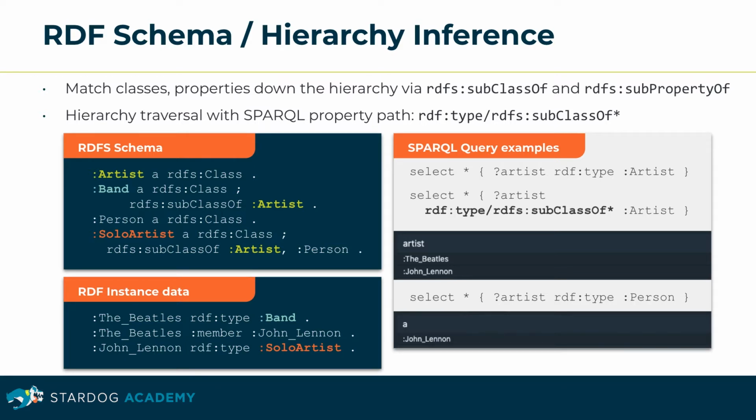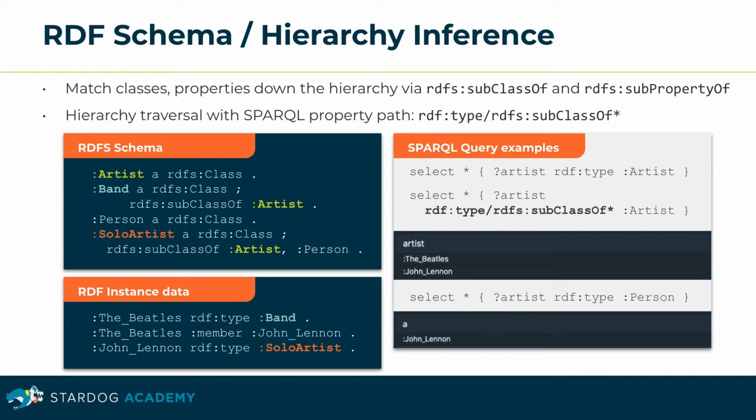The same effect of hierarchy inference may be achieved by a SPARQL property path, where the rdf:type predicate is followed by a sequence of 0 or more repetitions of the rdfs:subClassOf or rdfs:subPropertyOf predicate respectively.